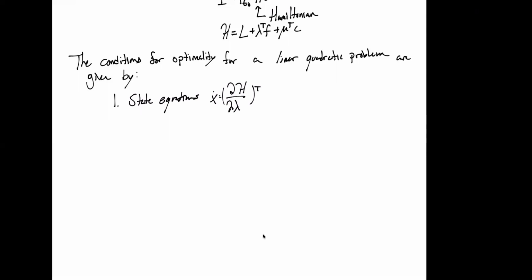Then we get the costate equations: lambda dot is equal to minus the partial of H with respect to x, transposed.